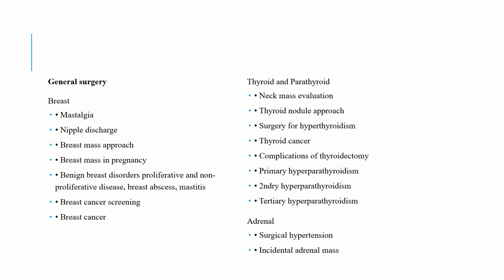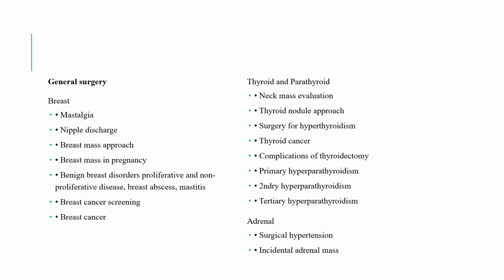Then thyroid and parathyroid. How do you evaluate a neck mass? For a thyroid nodule, how do you approach it, and how do you differentiate a cold nodule from a hot nodule? For hyperthyroidism, how do you approach it, and for hypothyroidism, how do you approach it? What is the surgery for hyperthyroidism?